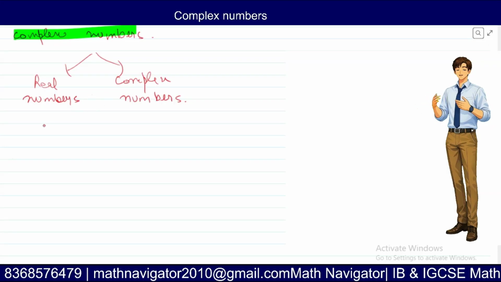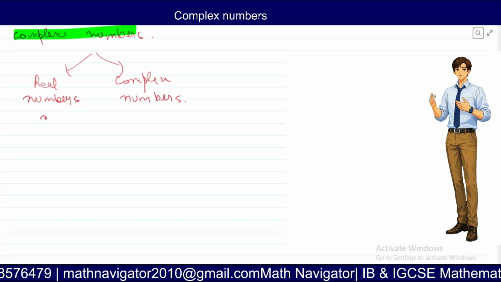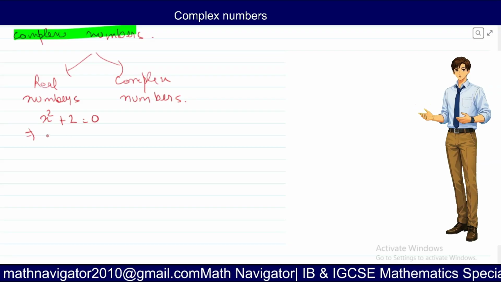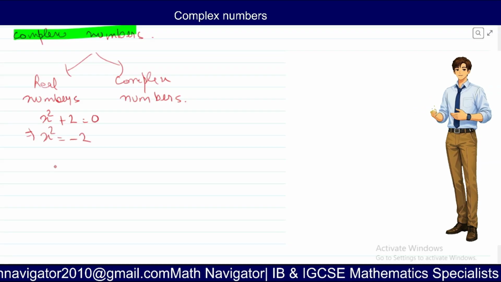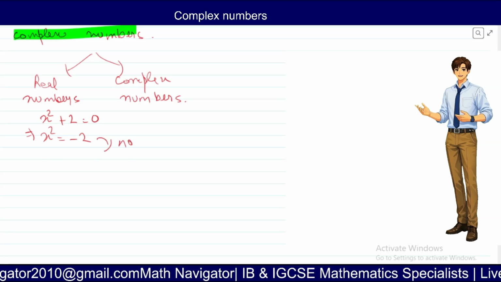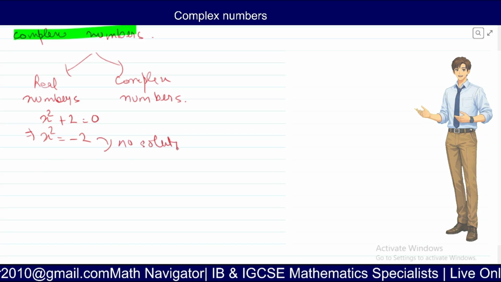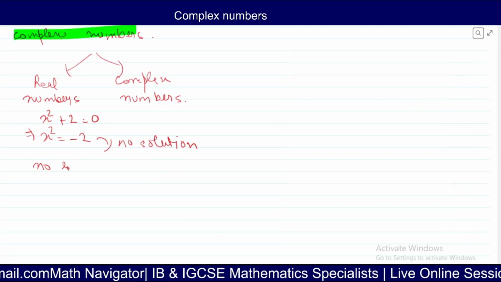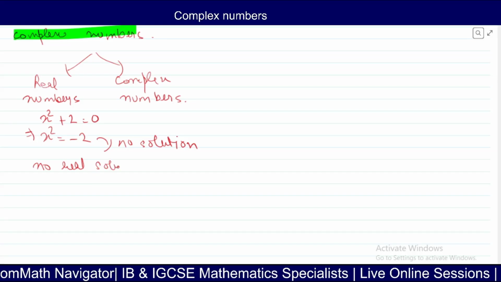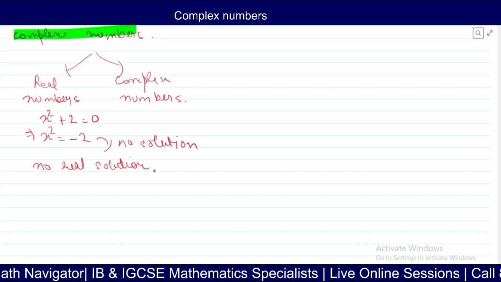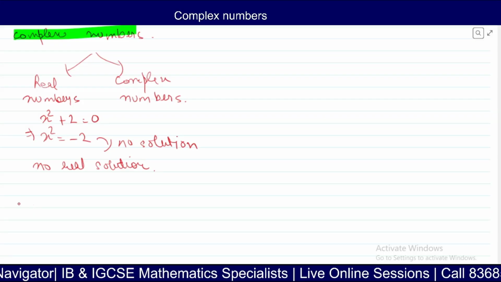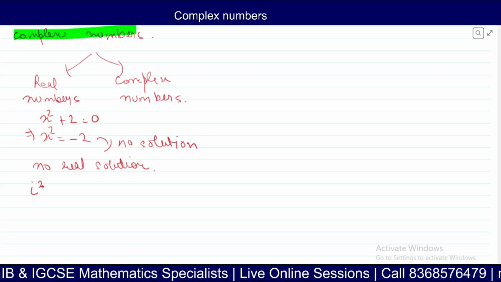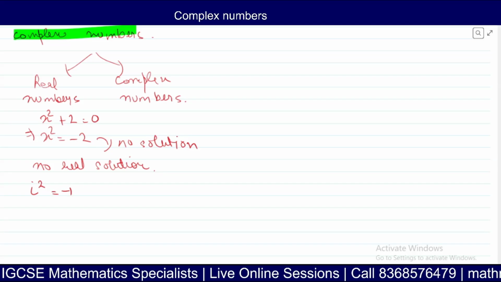I'll just tell you. Let's say we have x squared plus 2 is equal to 0. So you write x squared is equal to negative 2. Then you say no solution. But that is not the correct term. Actually, the correct term is no real solution. Got it? It has a complex answer. Complex answers mean I squared is considered to be negative 1.